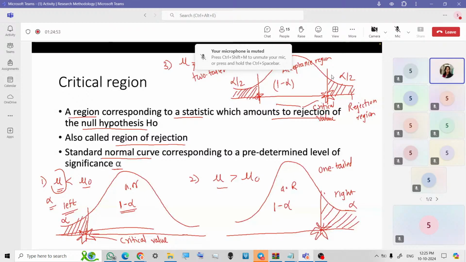The remaining region is called the acceptance region. If your statistic value comes in this region, within your critical values, then you accept your null hypothesis. Otherwise, reject the null hypothesis. So that describes the critical region and these rules.